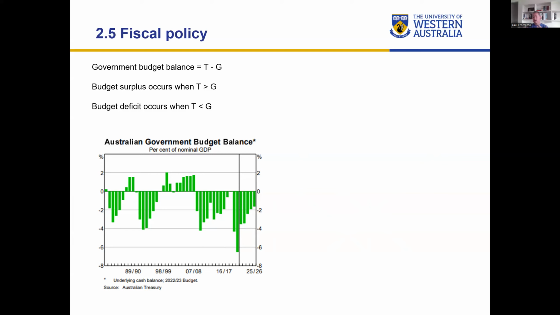Chinese demand for Australian commodities held up over this period, just after the GFC. So we didn't quite go into recession, but one of the things that kept us out of the recession was large increases in government spending and decreases in taxation right after the GFC. That shifted the aggregate demand curve to the right.